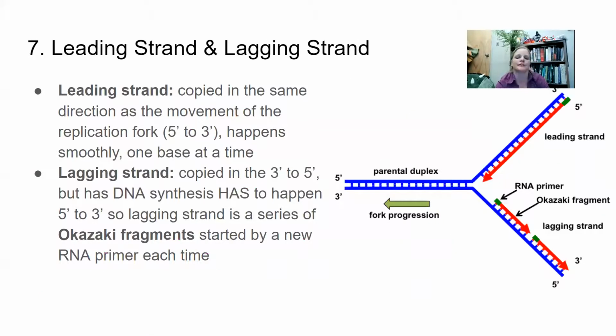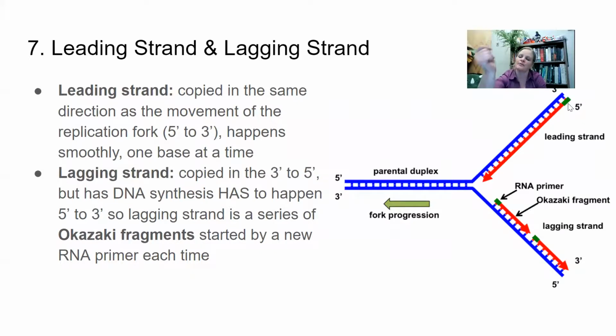So now we've got the leading strand and the lagging strand. Here are our parental duplexes. Here's the strand that we're copying, shown in blue. And then we have this nice little leading strand. The replication fork is working in this direction, and for the leading strand, no problem.